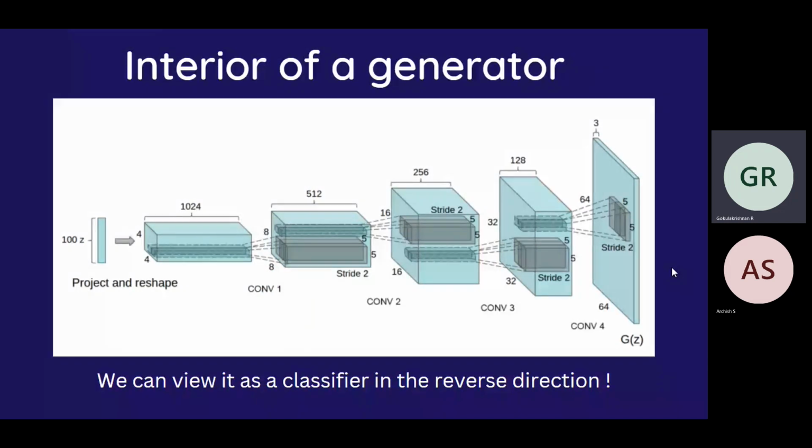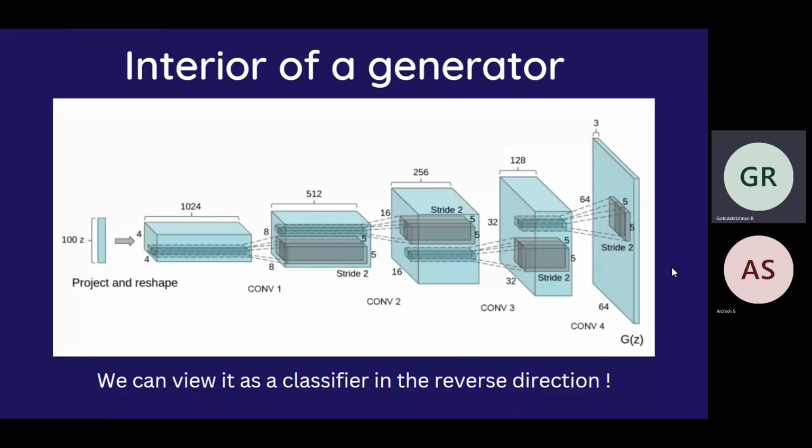At each step, you can see the dimension being increased. This is the opposite of convolution, and it's called deconvolution. Your final output should be an image of, say here, the size 64 cross 64 cross 3. That means the output is 64 cross 64 pixels, and the 3 indicates RGB, so it's a colored picture.